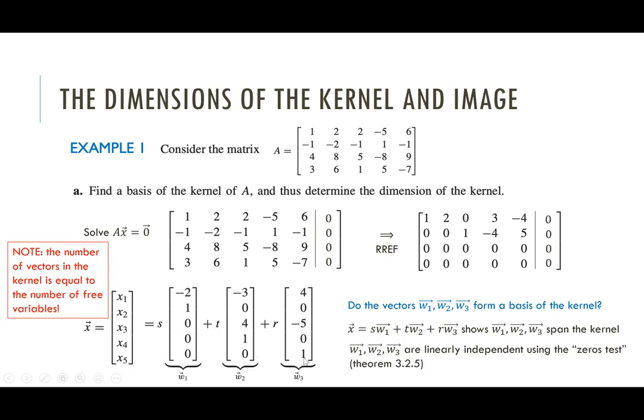Similarly, x5 is going to be 1r and 0 in the other vectors. So when you find the kernel this way, you're always going to have the zeros test tell you that they are independent, and you already know they span the kernel. So yes, the number of vectors in the kernel is equal to the number of free variables in the reduced row echelon form.